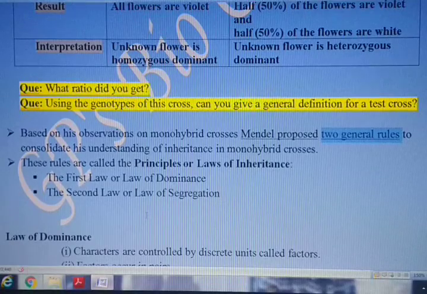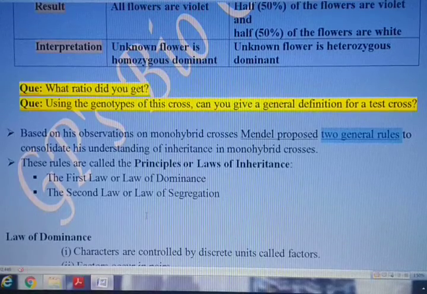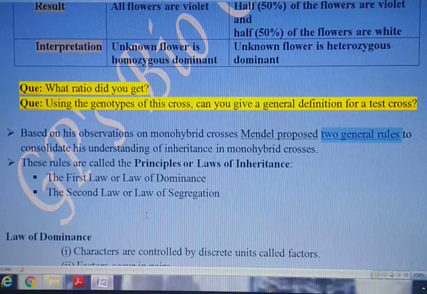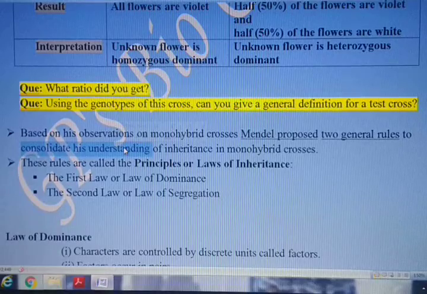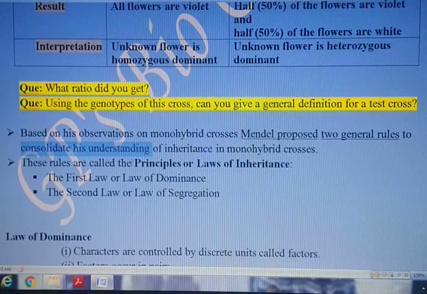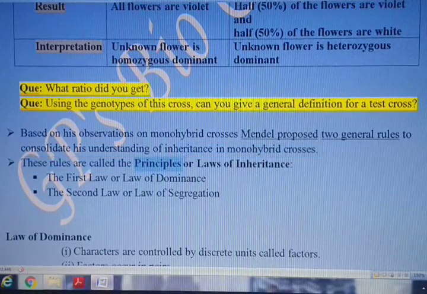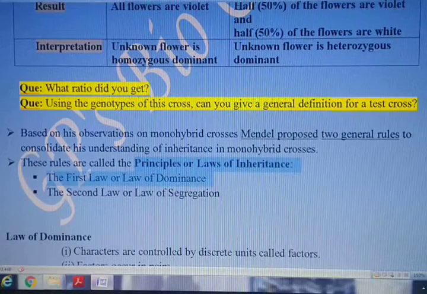Means after the observations that he made in the monohybrid experiments, by considering different characters, he generalized that idea in order to consolidate his understanding, whatever he understood. The rules are generally called as what? Principles of inheritance or laws of inheritance.